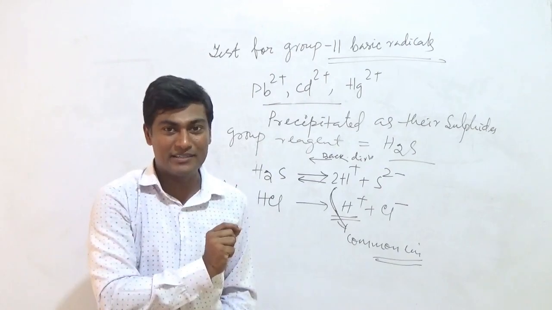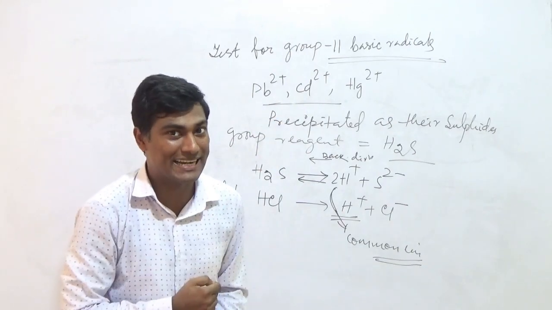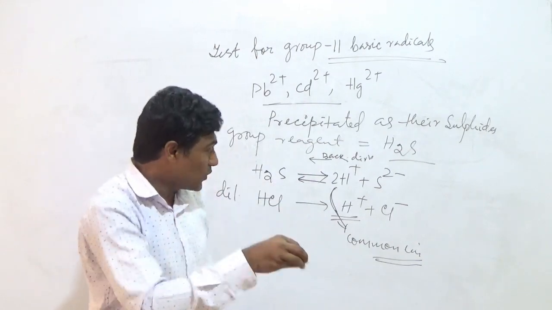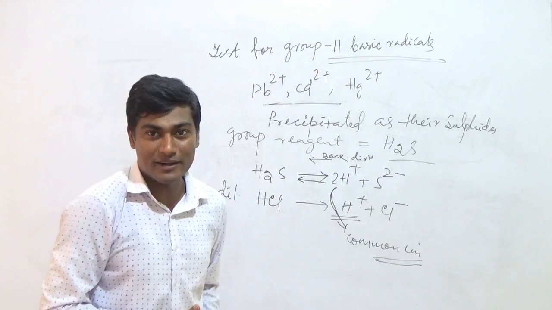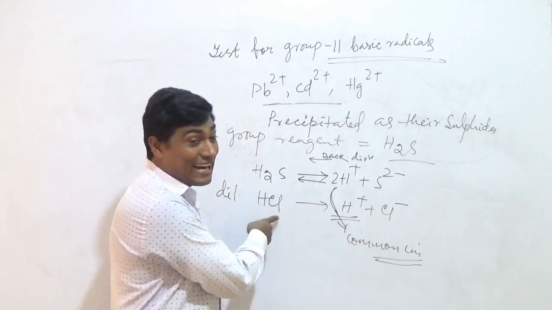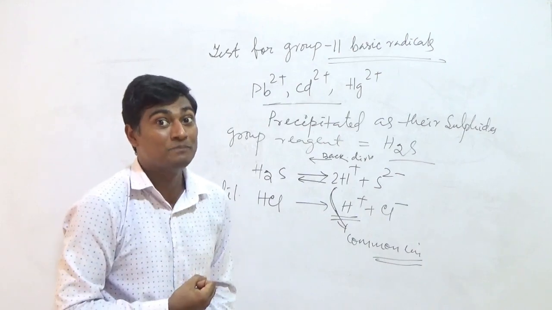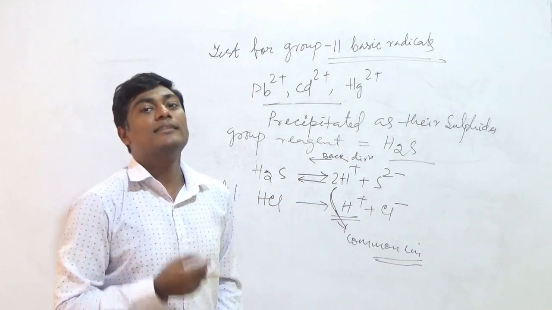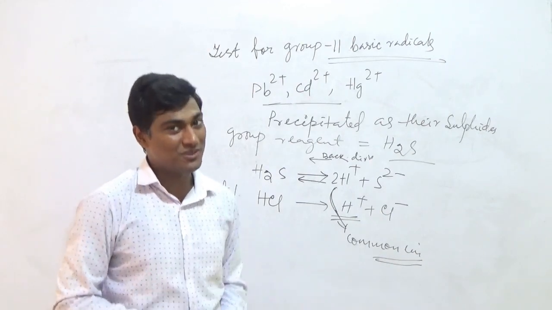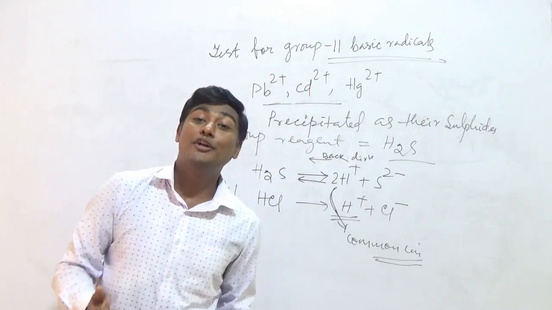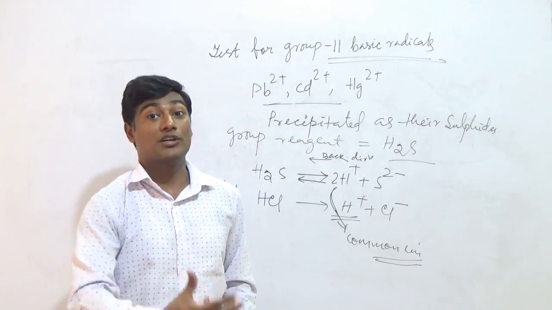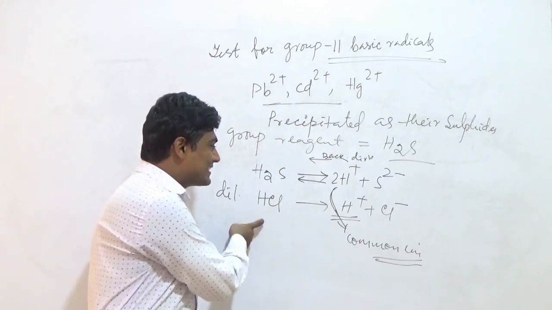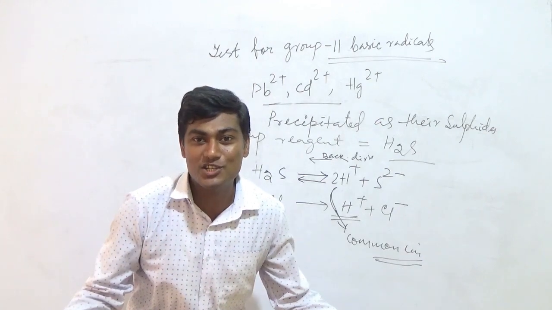No other elements are precipitated, because these selected elements have very low sulfide solubility products, so that on adding a little sulfide concentration from hydrogen sulfide and dilute HCl together, the ionic product can easily exceed the solubility product, hence precipitation. If you do not add HCl, the sulfide ion concentration will be more.